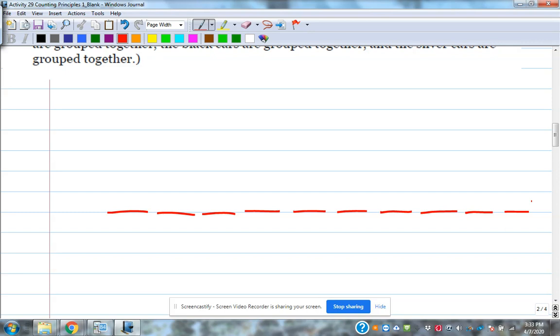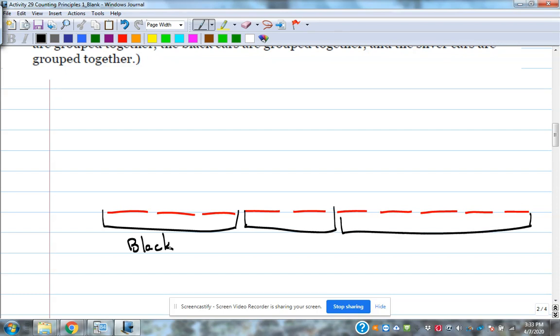And we're grouping them with black cars, red cars, silver cars. So these are black cars, these are our red cars, and these are our silver cars. Black cars, there's 3, 2, and 1.